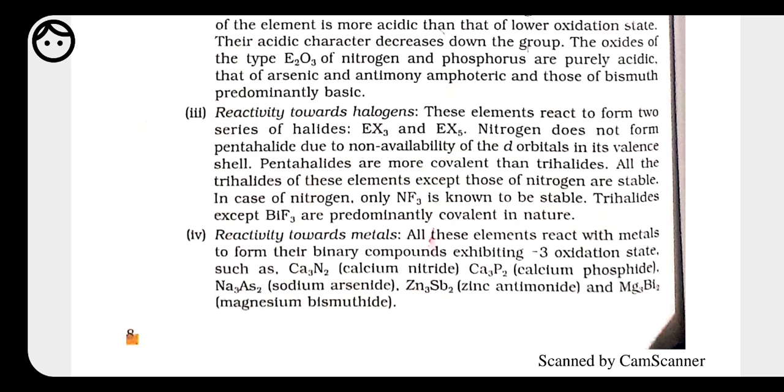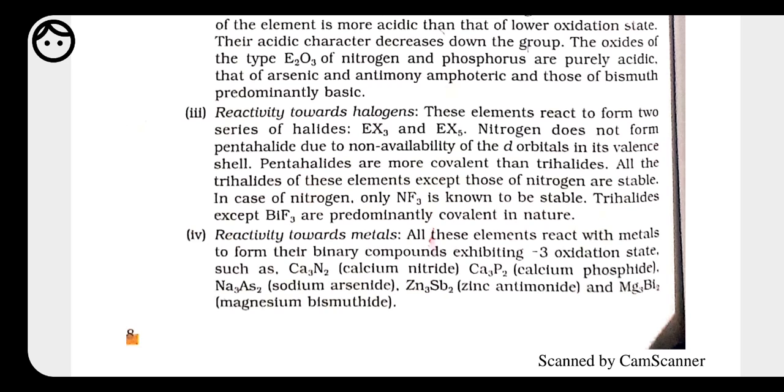So here these show negative valency. Why? Because they have small size, and at that time they behave as non-metals. Bismuth is a metal, but here the combination takes place because its size is smaller than that of magnesium. So here they all form covalent bonds.